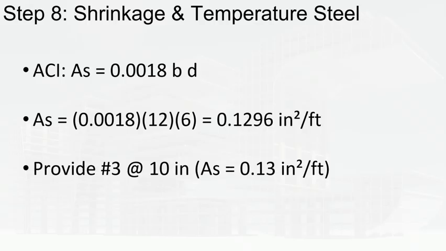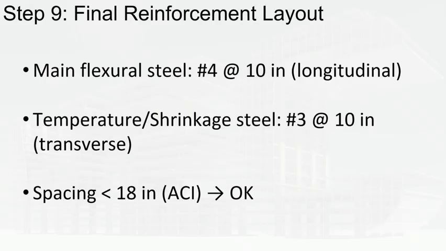Here you don't need to use heavier bars. You can use bar number 3 at 10 inches center to center spacing. The spacing is simple to calculate: you use the formula Ab over As multiplied by 12. So that's your temperature and shrinkage steel.